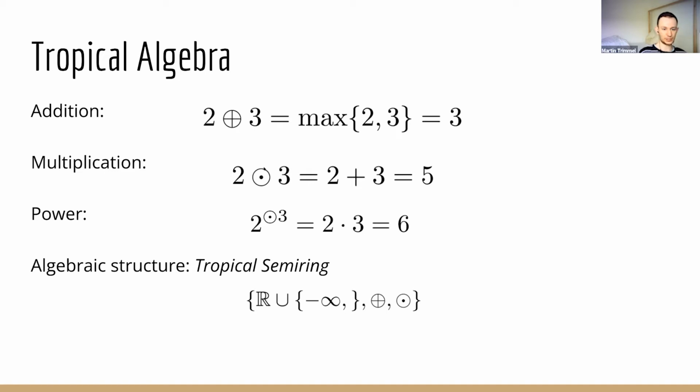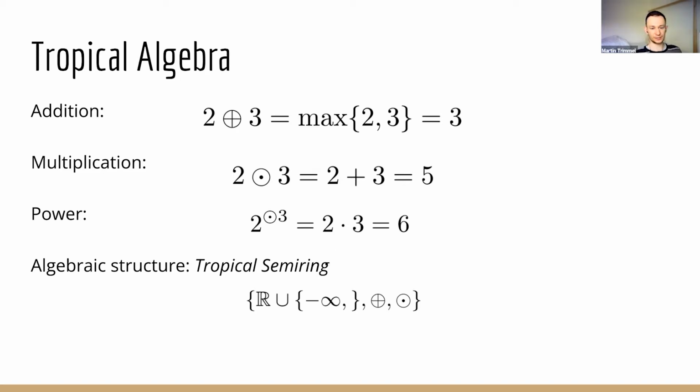The tropical product of two numbers is the same as the ordinary sum. Hence, the tropical product of 2 and 3 is 2 plus 3, which is equal to 5. The tropical power of two numbers is the same as their ordinary product. Hence, 2 to the tropical power of 3 is the same as 2 times 3, which is equal to 6.